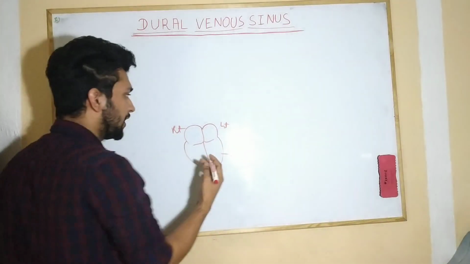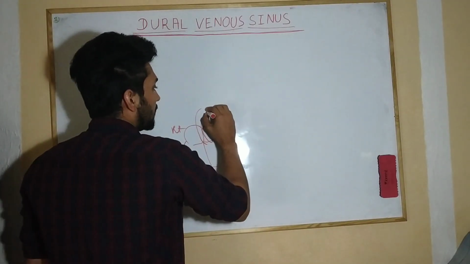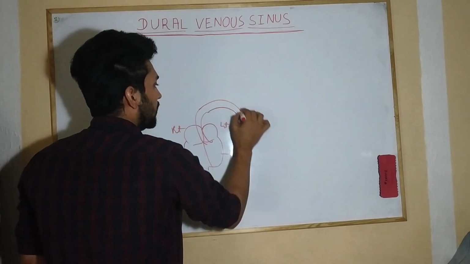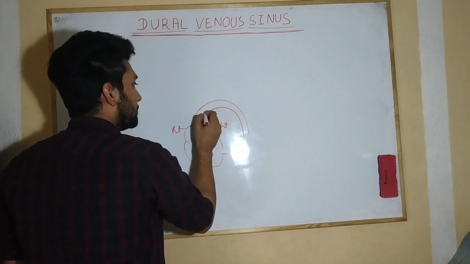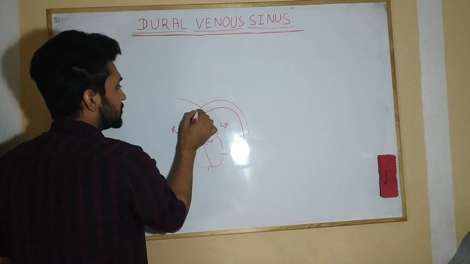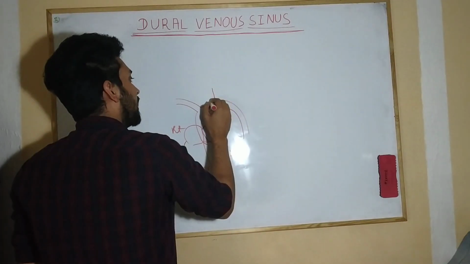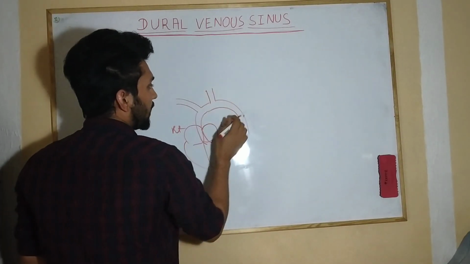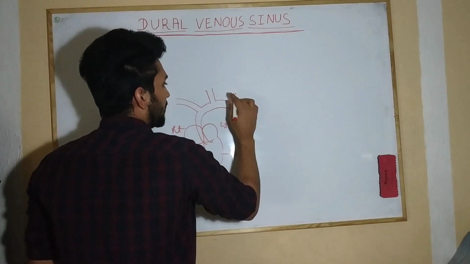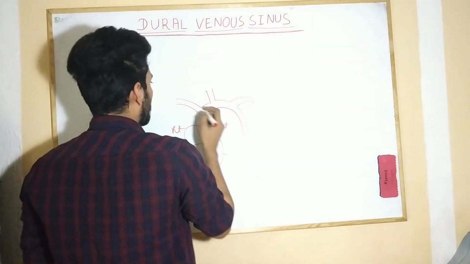So from the left atrium, the aorta starts, and this is the aorta. From the aorta we have three branches. The first one is the brachiocephalic trunk. Then we have the carotid artery. This is the left carotid artery, and here we have the left subclavian artery.